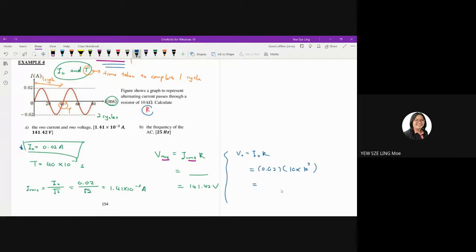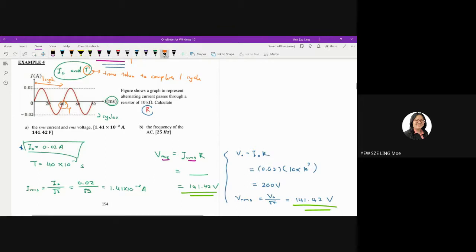So we then have V maximum equals 200 volt. From the peak value, you can then calculate VRMS equals V naught over root 2, which is 141.42 volt. So that is another method that can be used to calculate VRMS. First method, second method.